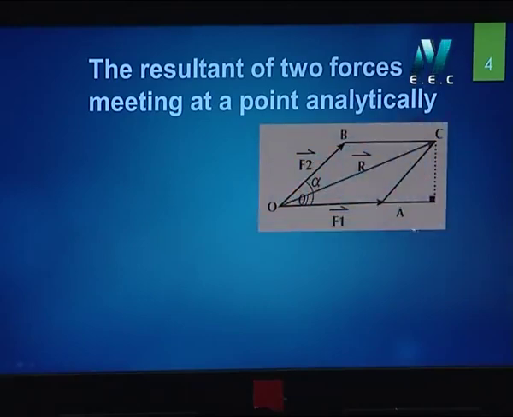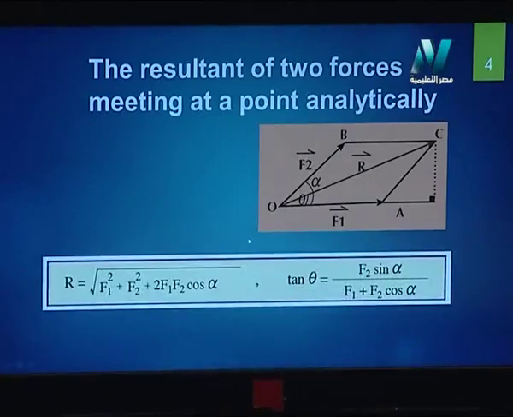If we have a force F1 and another force F2, and there is an angle alpha between them, and the resultant is inclined by angle theta on the force we called F1. So these two forces act at a point O, and we would like to find R, the resultant of the two forces.